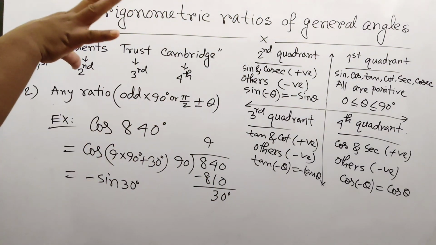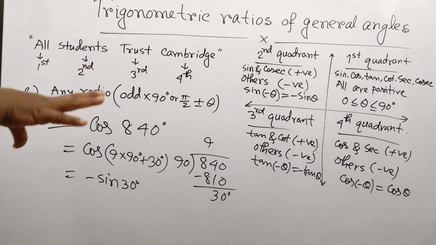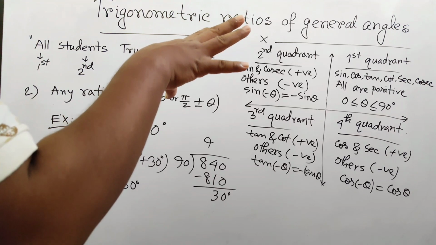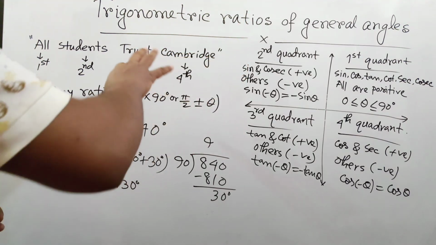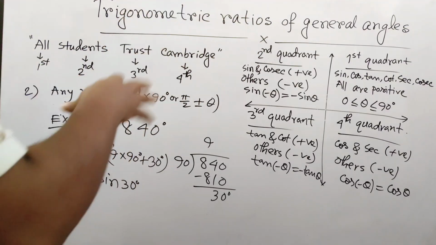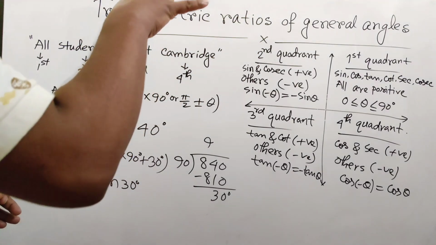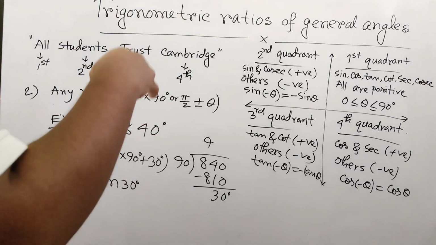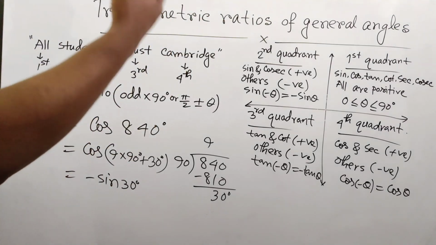This is so easy and also so important for your exam, because when you solve problems in trigonometry you need to know this idea, otherwise it will be difficult for you to solve them. This is also important for the admission test, after your A level, when you go to university.